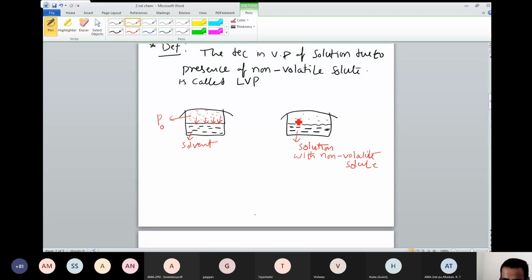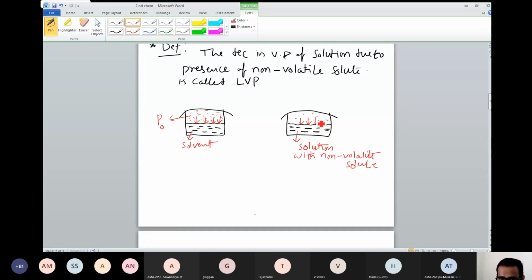Here also it applies. See, in the solvent you have more vapors, but in the solution the vapors are less. What is the reason? These vapors also apply some pressure, but here more particles are applying pressure, and here very few vapor particles are applying pressure.